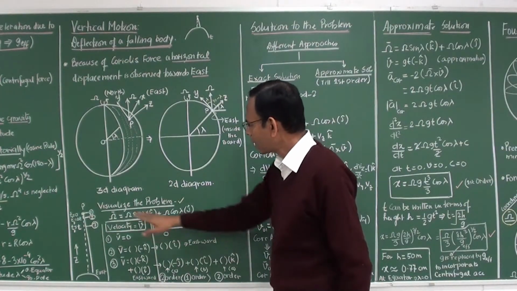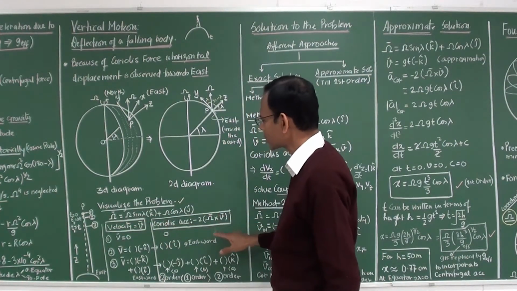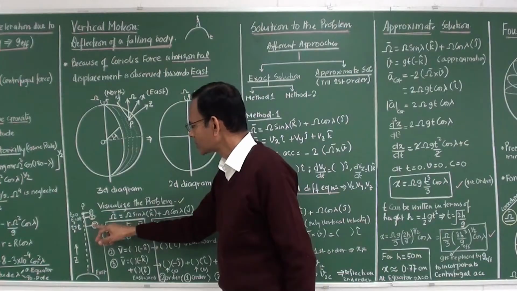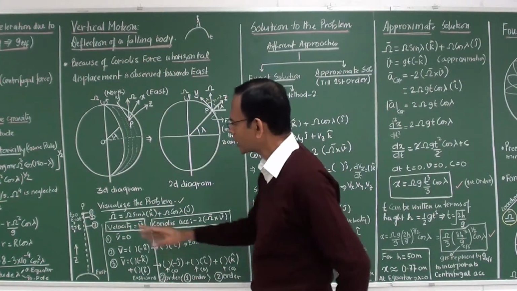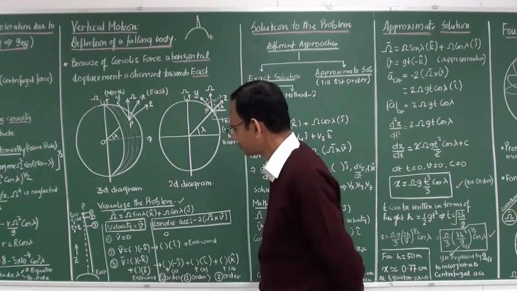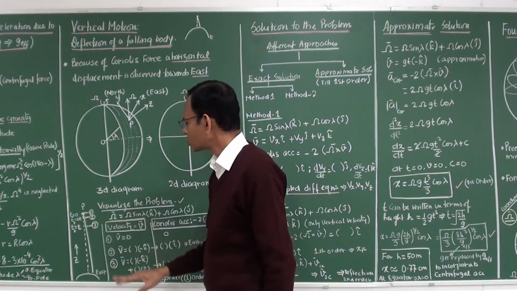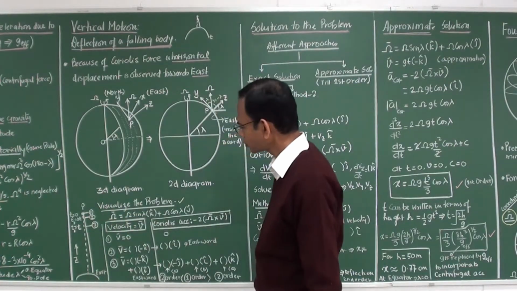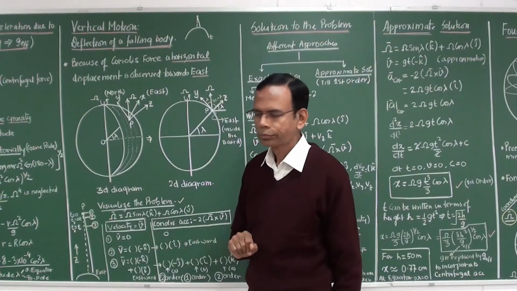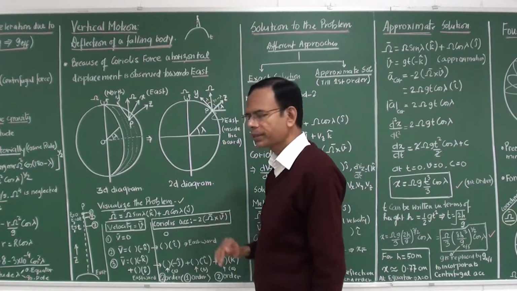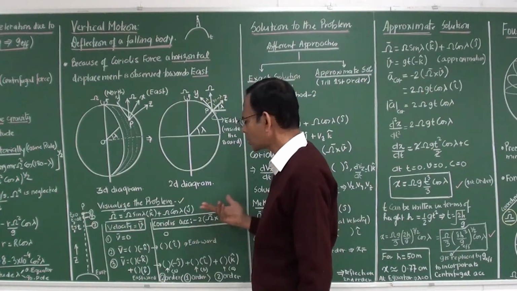Now take the point number 1, t1 is equal to 0. Here the velocity is 0, so the Coriolis acceleration or Coriolis force is also 0.